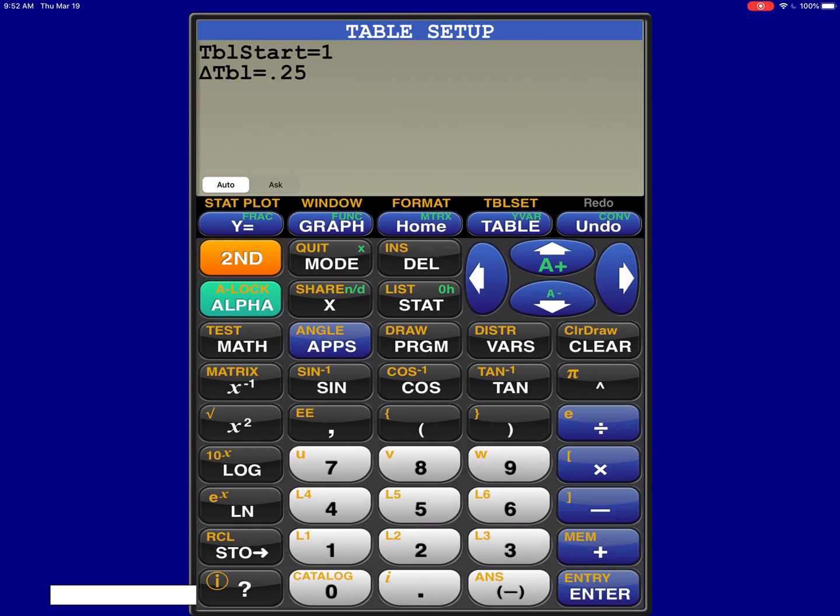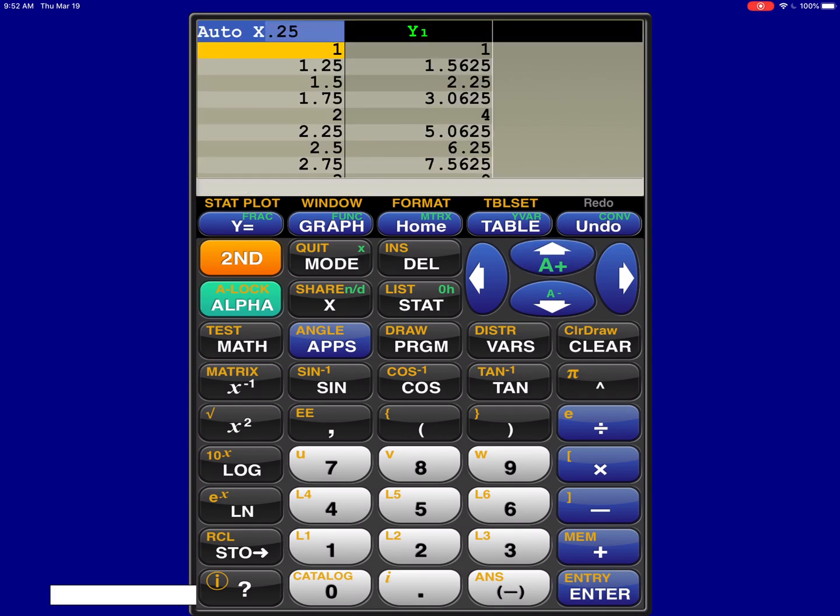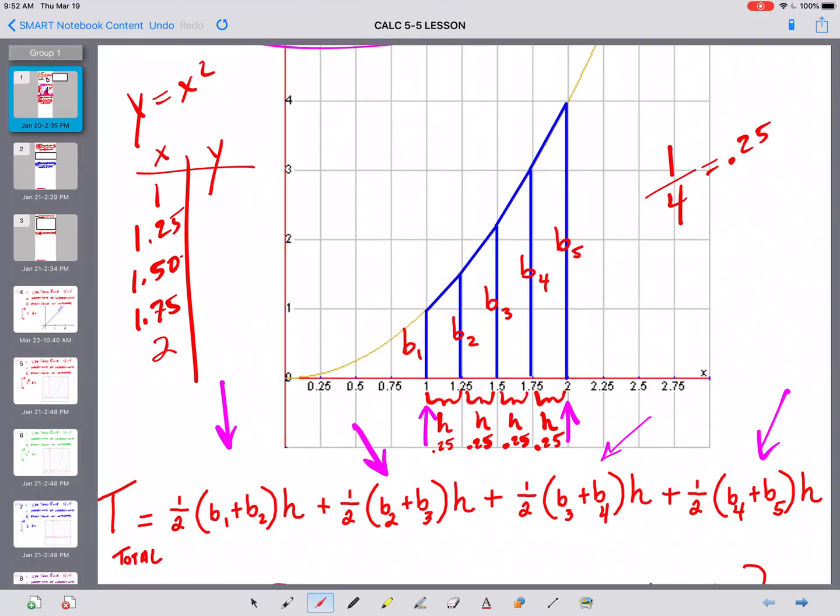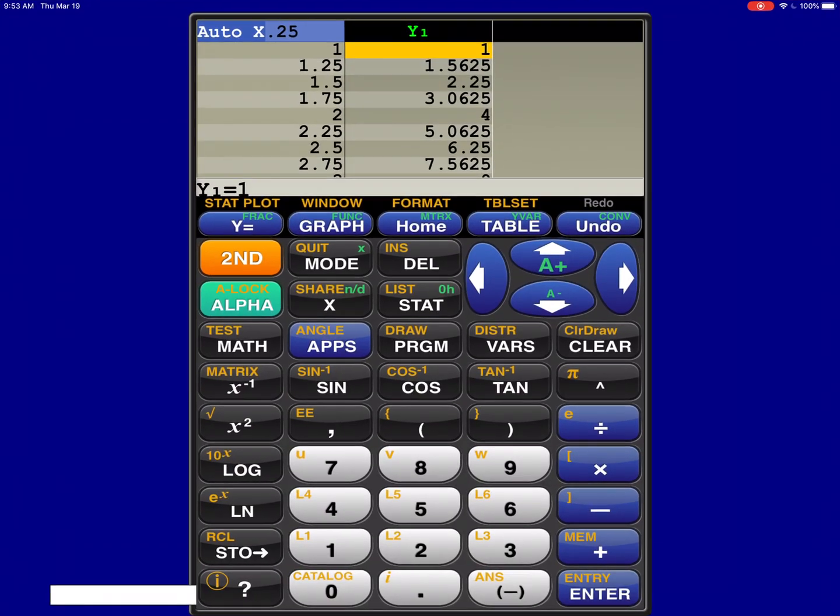Let's look at the table. There are our values, from 1 to 2 are the x's. I want the y's: 1 and 1.56. Those are the first 2. Let's look at the next 2: 2.25 and 3.06.